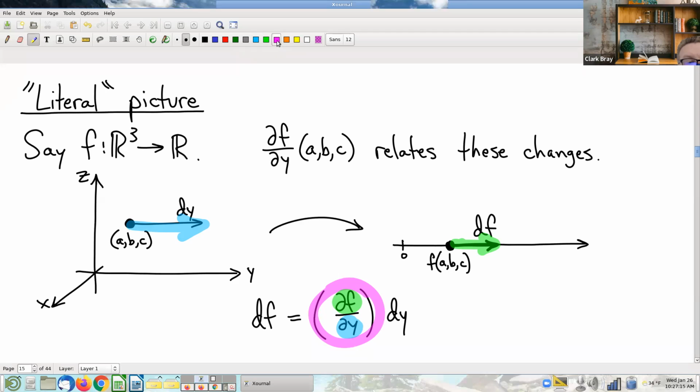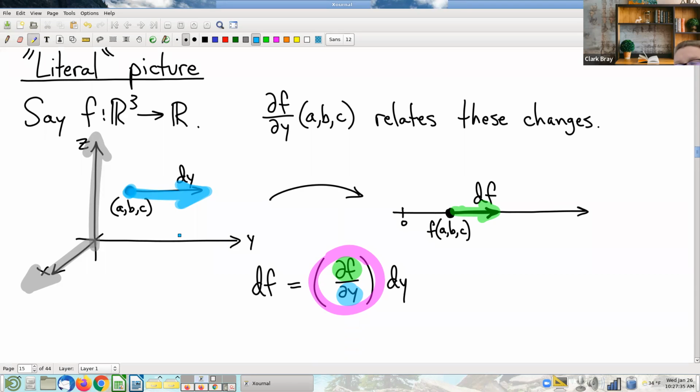Don't forget, when we're taking the partial with respect to y, that means that x is constant and z is constant. Both of those variables are constant. So from the point in question, we're only allowed to move in that direction, just in the y direction. With the assumption that y is the only variable changing, you move a little bit in the y direction, that's going to make the function change, and the partial derivative is the relationship between those.